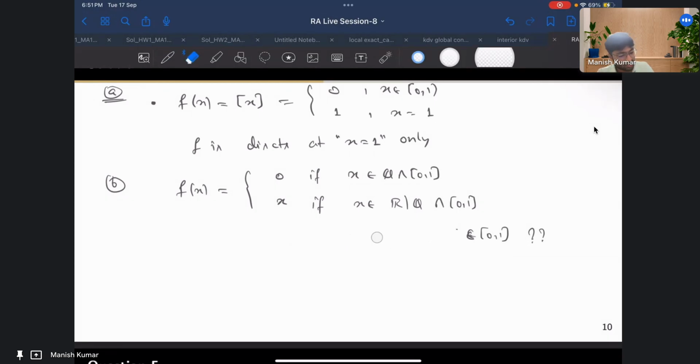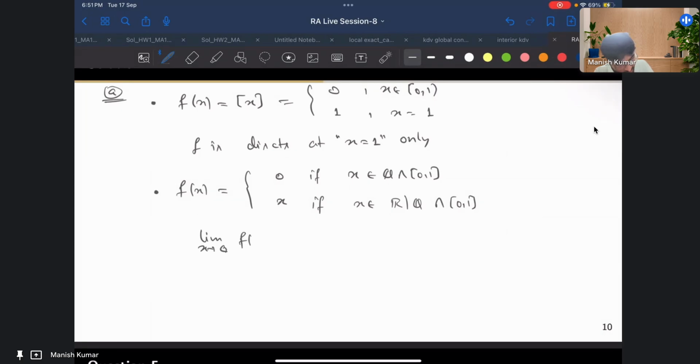I think you understood, but I will tell you. So this is another example. Let me write what you have just said. If I take x equal to 0, the limit of f of x exists and the limit value will be 0, because whatever sequence you take, rational or irrational, x is also going to 0 as x is tending to 0.